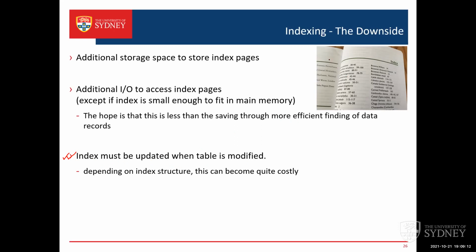Think about if I insert a new page in this book, then all of these numbers become invalid, right? So I have to update all of this index. If I simply insert one page in this book, then all of these should be increased by one, right? So we have to update the index whenever the actual table gets modified. Depending on which index we are using, it could become very costly as well.